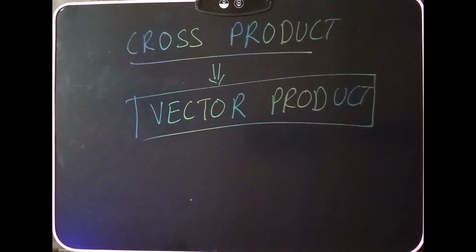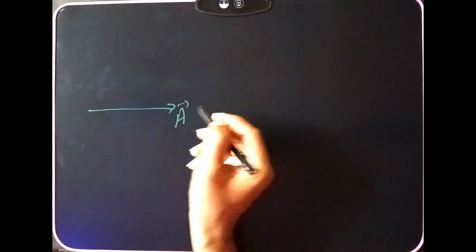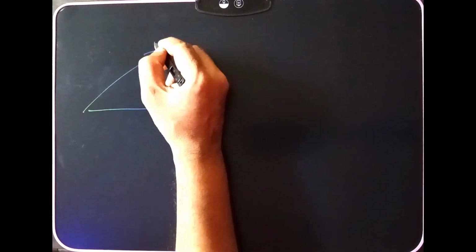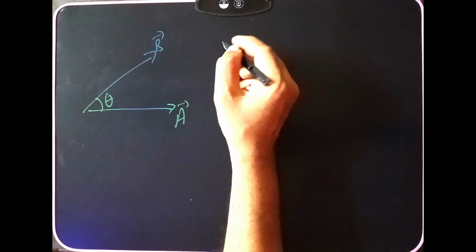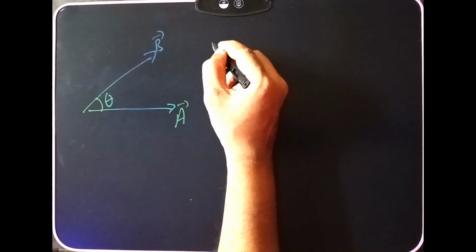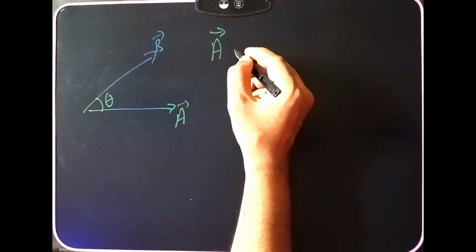So let us understand this. We'll clear this slate. We'll see the next slate. So let us consider again here, we have two vectors, A and B, and the angle between them is theta. The cross product is written as A cross B. As the name specifies, it's a cross.